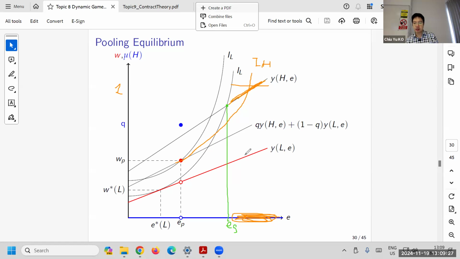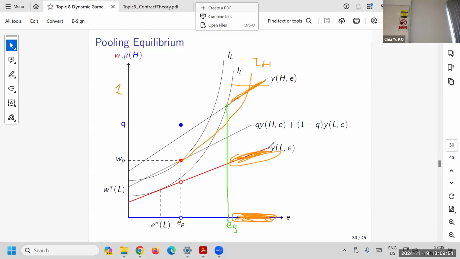So you can no longer offer this salary, so this is gone. But in that case, this is better than this one, so it killed the pooling equilibrium. The high type will deviate from the pooling. Anything in the range would be a deviation. Is that clear? Is that okay?